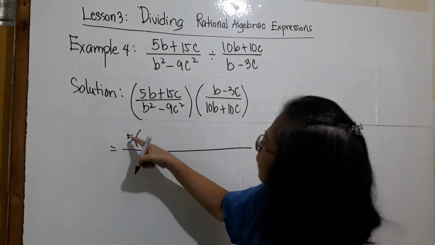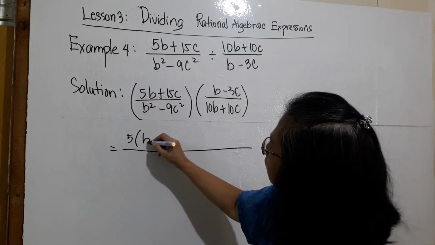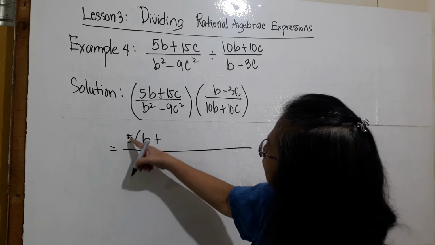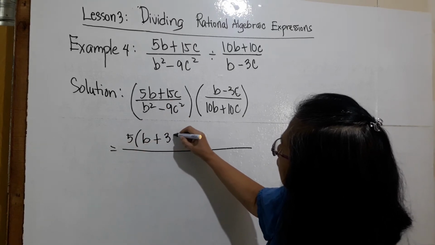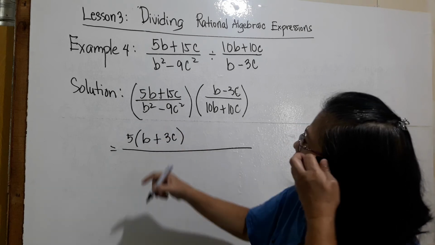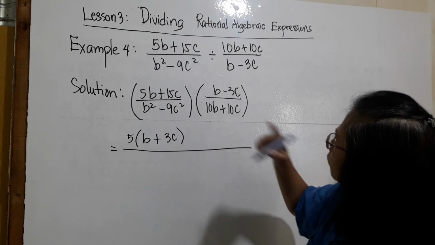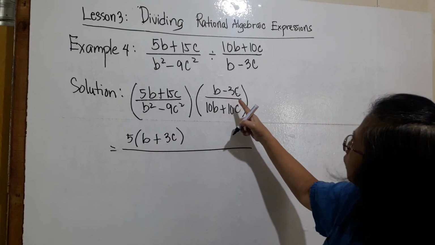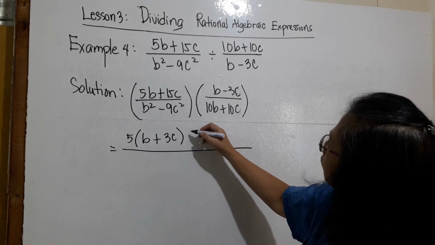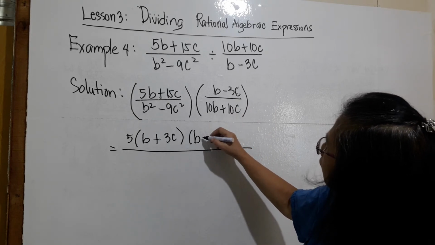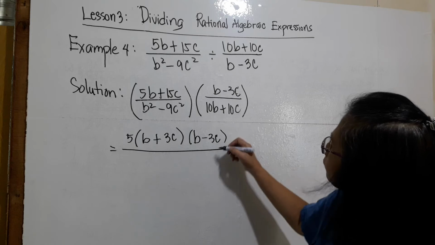So 5b divided by 5 is b, plus 15c divided by 5 is 3c. Okay? For the numerator of the second factor, it's not factorable, so we will just copy b minus 3c.